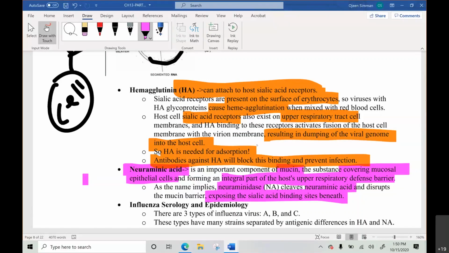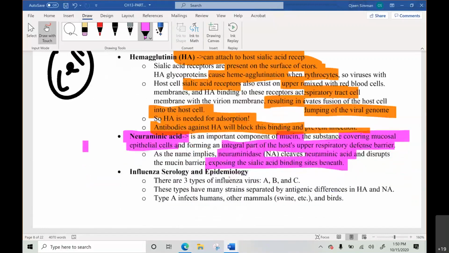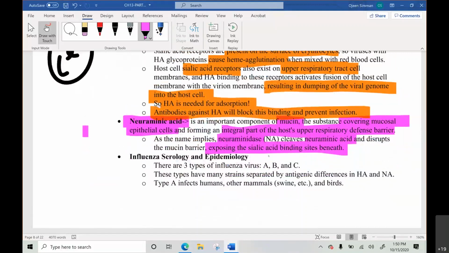So you disrupt the barrier, and when you disrupt the barrier, you expose the receptors. Once those receptors are exposed, the influenza virus is able to attach to them and cause an infection. So remember, know these two roles. So, influenza, any questions so far? Are you guys following me?